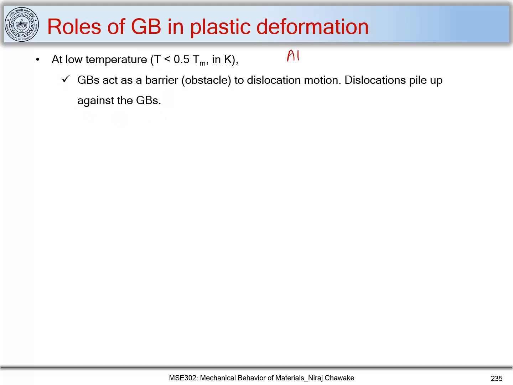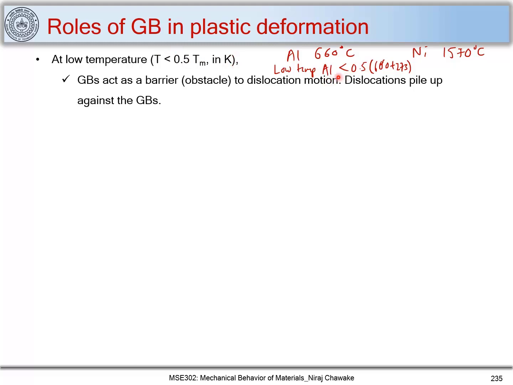So let's say aluminium, which has a melting point of 660 degrees Celsius, and nickel, which has a melting point of around 1570 degrees Celsius. What will be the low temperature? Low temperature for aluminium will be 0.5 of 660 plus 273. We always do these temperature measurements in Kelvin.